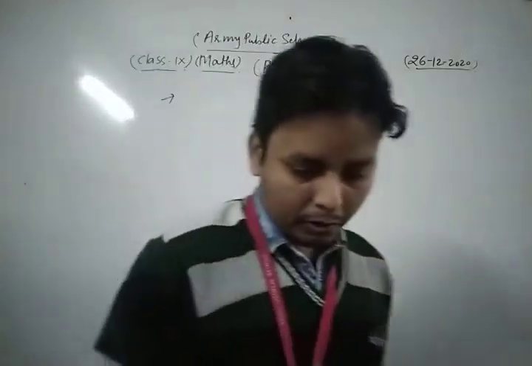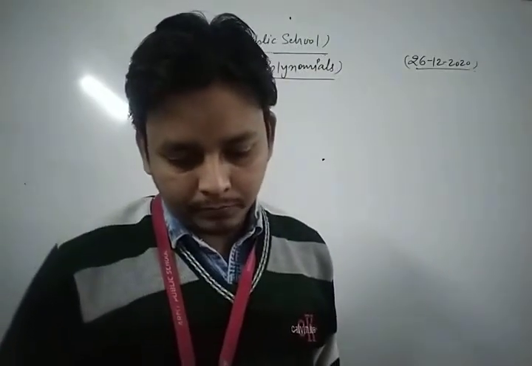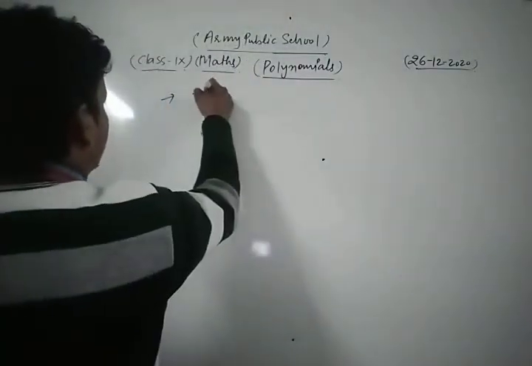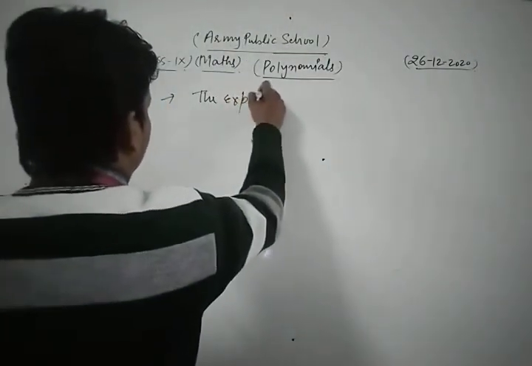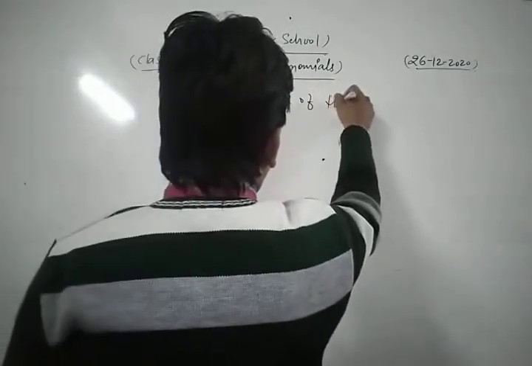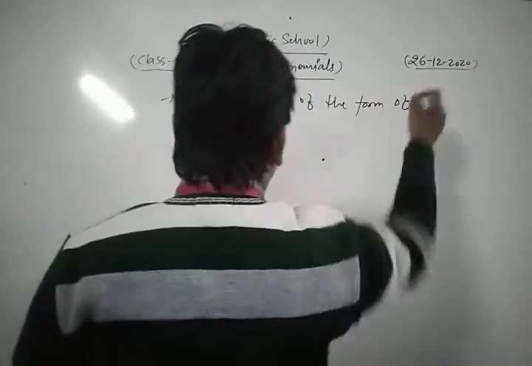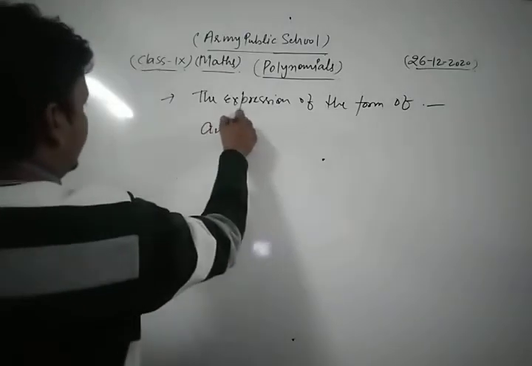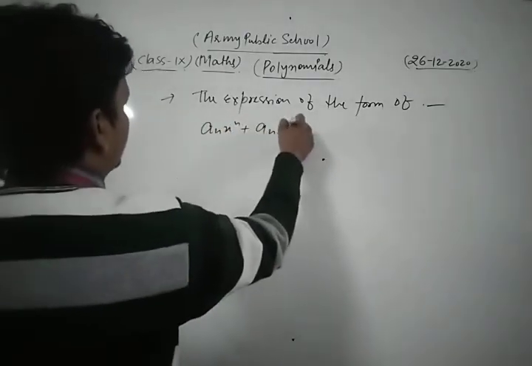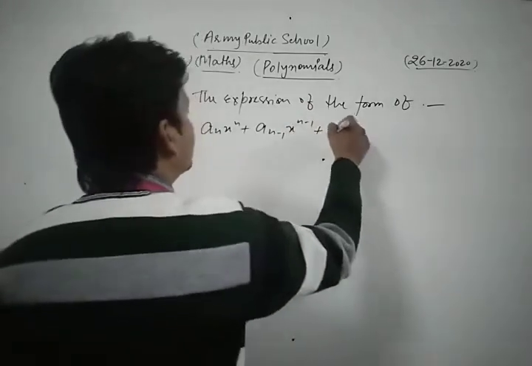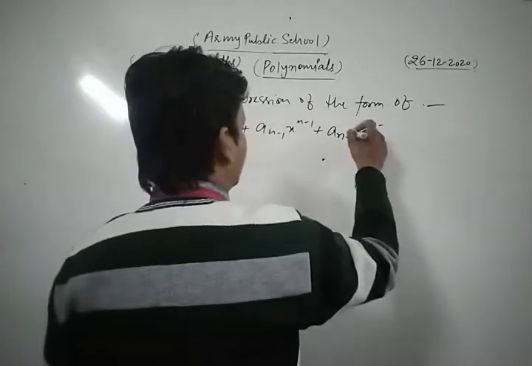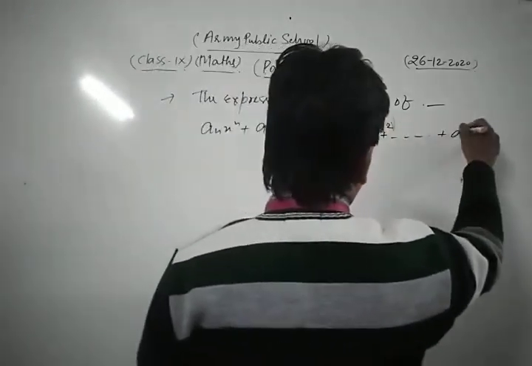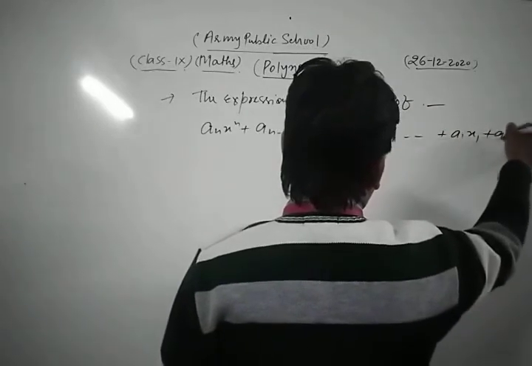What is a polynomial? Okay, now let's see the concept of polynomial based on the expression of the form a_n x to the power n plus a_(n-1) x to the power n minus 1 plus a_(n-2) x to the power n minus 2 and so on, plus a1 x plus a naught.